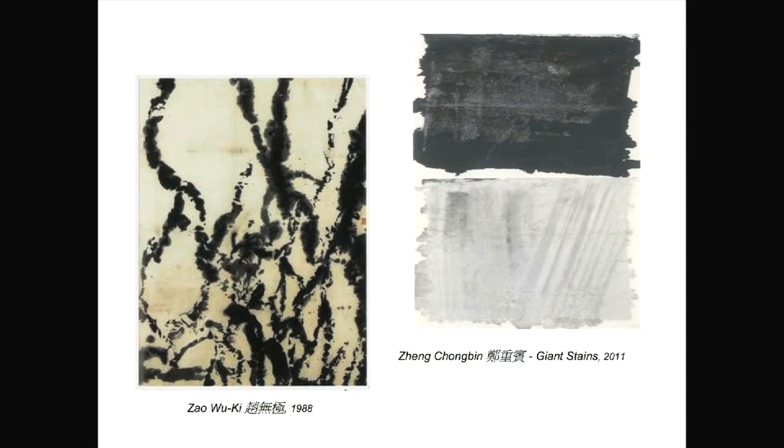Jiao Wuji, rarely did he do black and white, but this was in 1988, and a new treatment of the black and the white surface by Zhang Zhongbin. There, he mixed acrylic with the ink in order to have more texture.